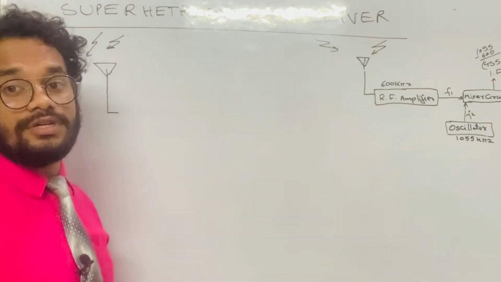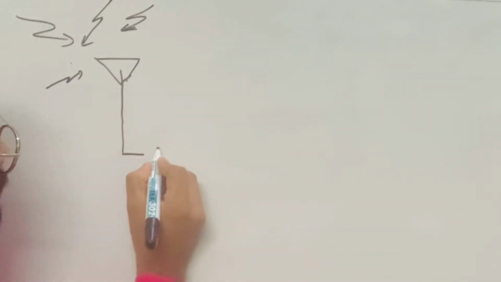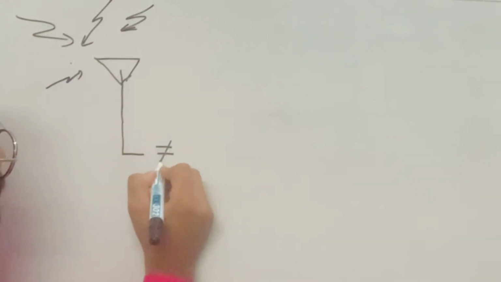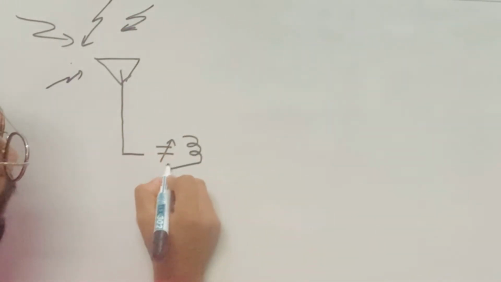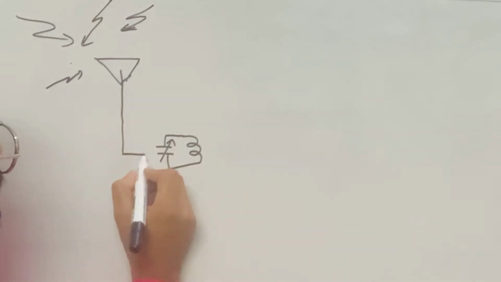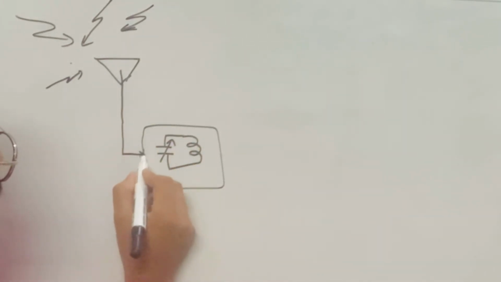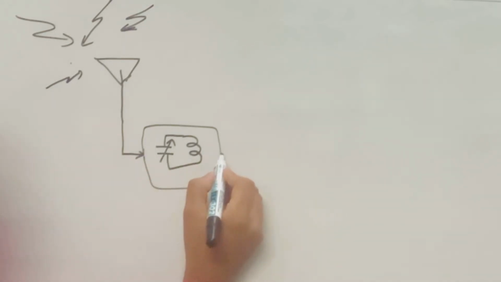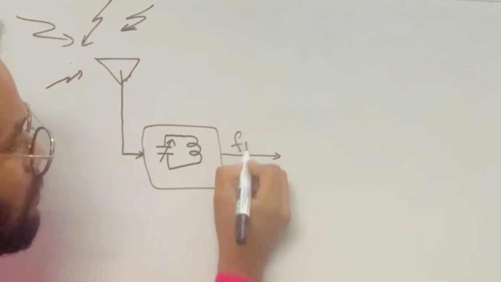Remember that, friends, here we have variable capacitors. Suppose this is one of the variable capacitors, and this is the inductor. So this is the RF amplifier circuit. Here we get F1, that is the frequency.